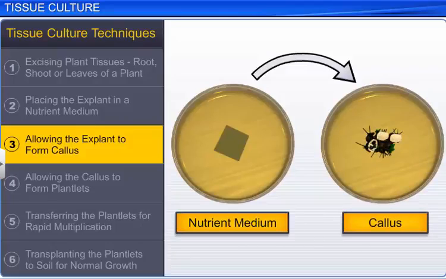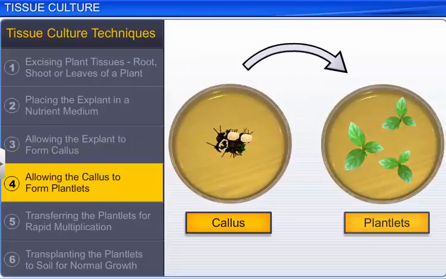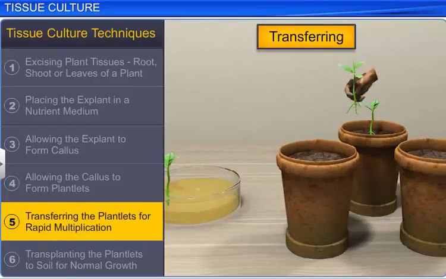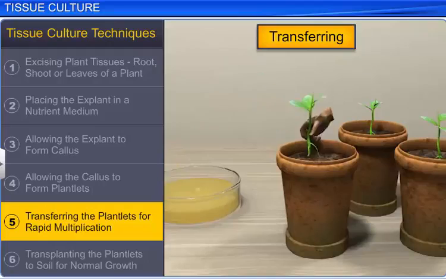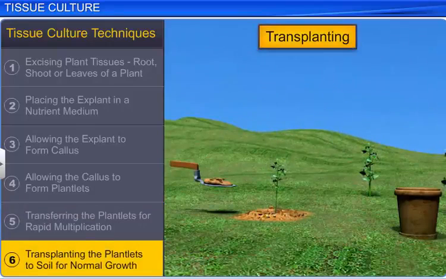The callus is then allowed to multiply to form many plantlets, which are then transferred to a different container for rapid multiplication. Finally, the developed plantlets are transplanted to the soil for normal growth.